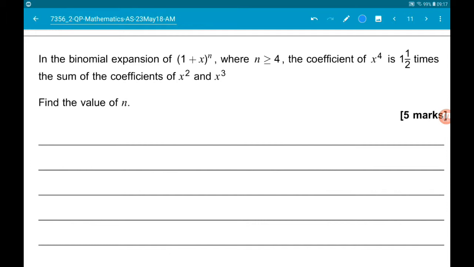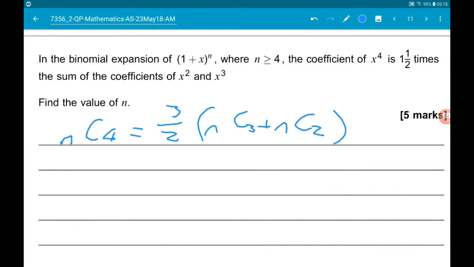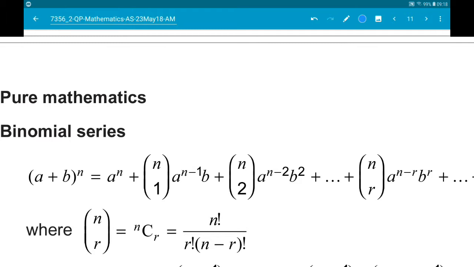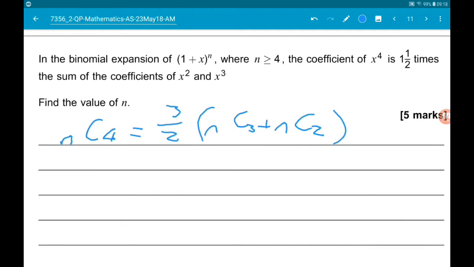So what we can say then is that n choose 4 is 1.5, which is 3 halves, n choose 3 and n choose 2. Now if we look at the definitions again, we can see that n choose r is n factorial over r factorial times n minus r factorial.